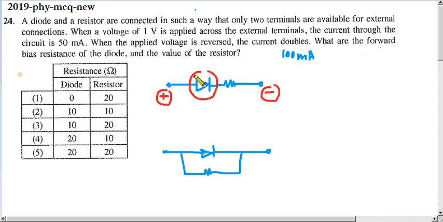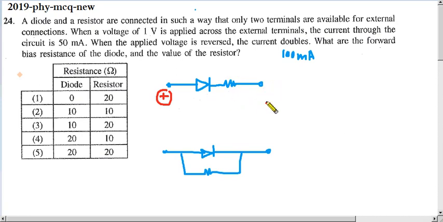The diode is forward bias. You should know that from the lesson. Then the diode conducts. However, this resistor has no polarities, so it must conduct. Then the current passes through this combination.